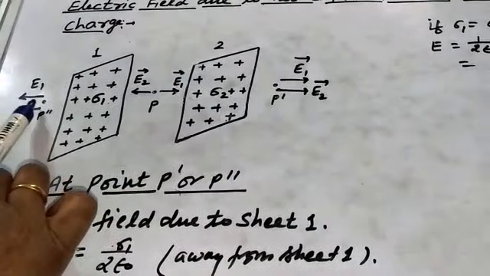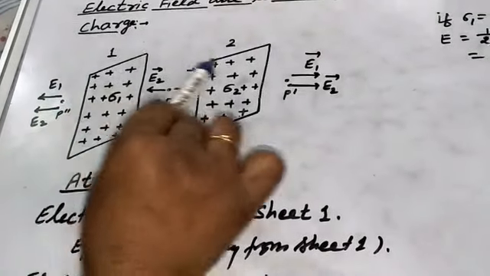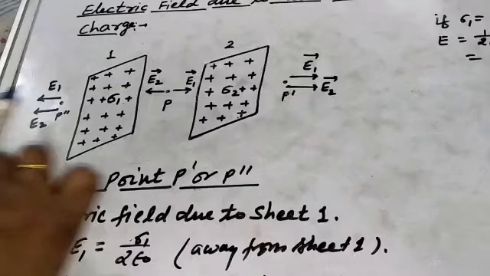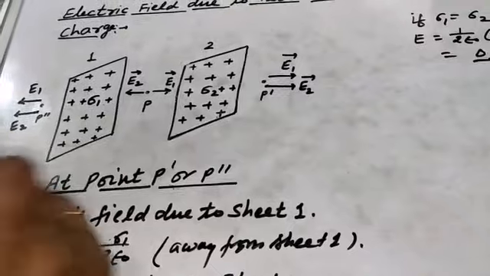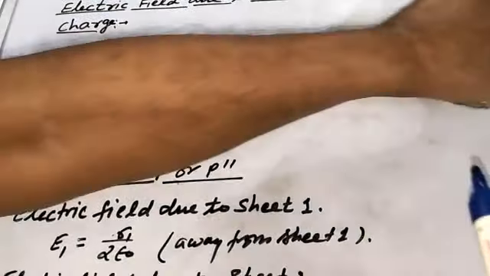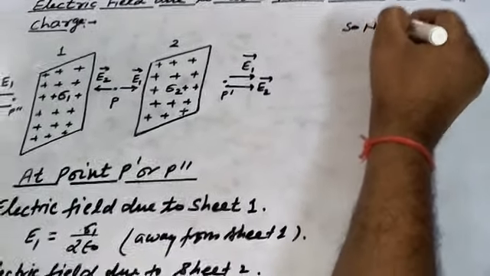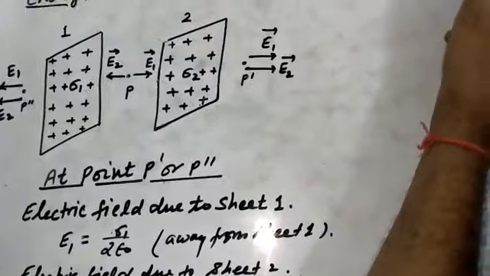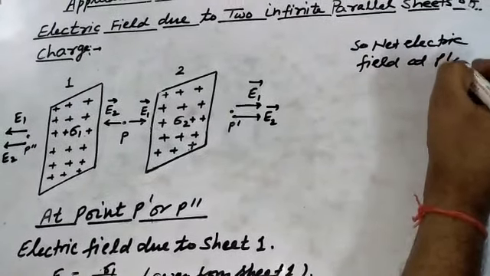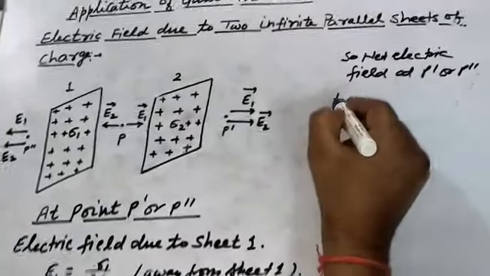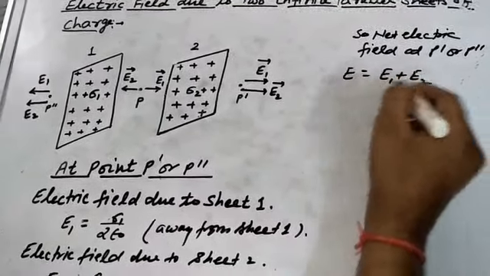And in the same way you can find the electric field at point P double dash, which is E1 and E2 due to sheets 1 and 2, also directed away from both sheets. So these will also act in the same direction. So the net electric field at P dash or P double dash, which is the net electric field E, is equal to the sum of these two electric fields, E1 plus E2.